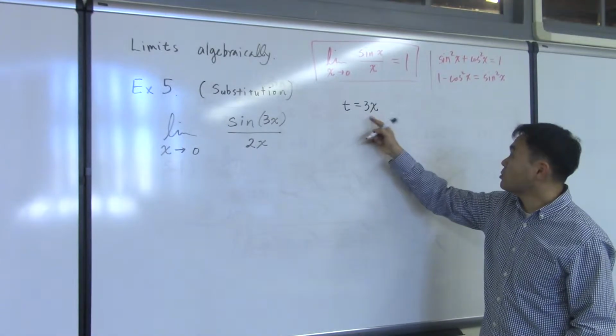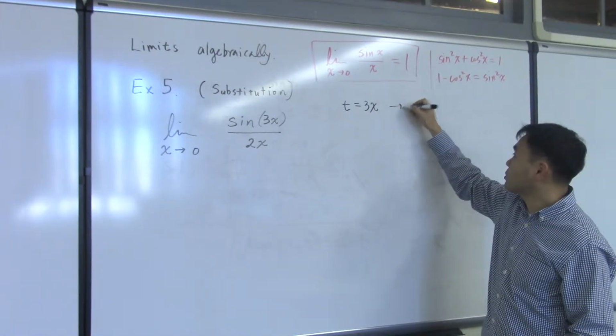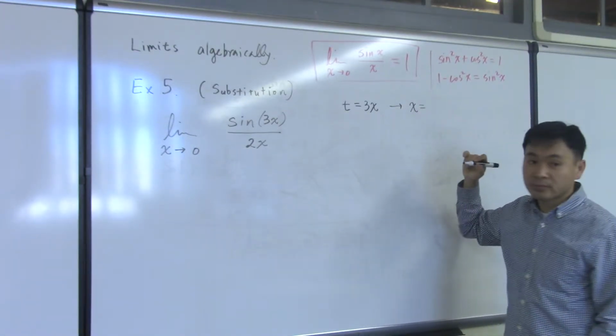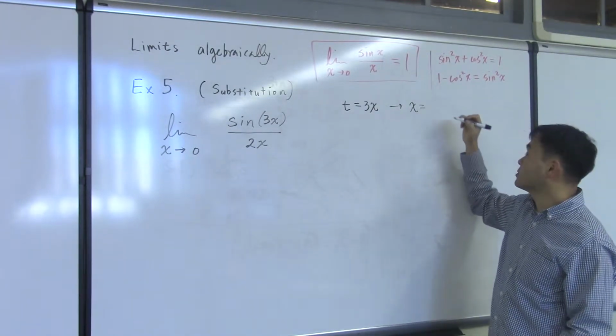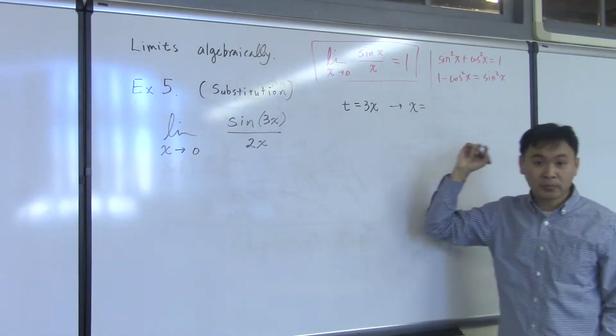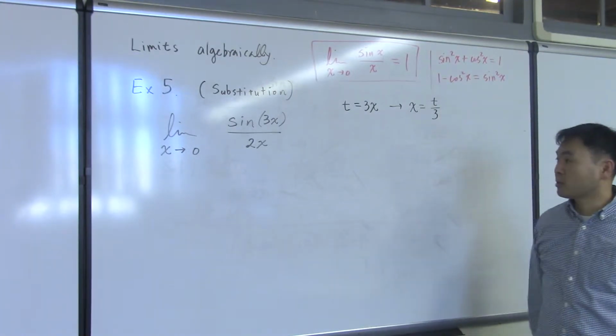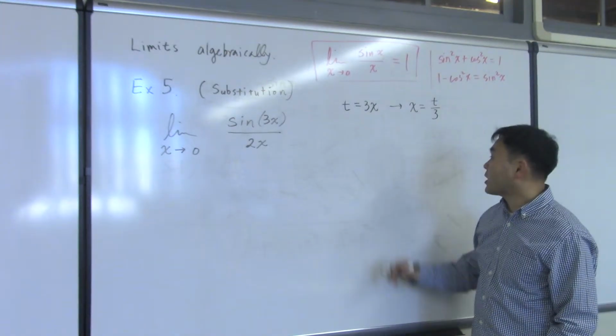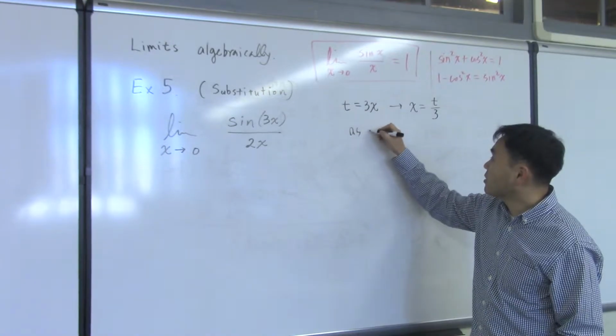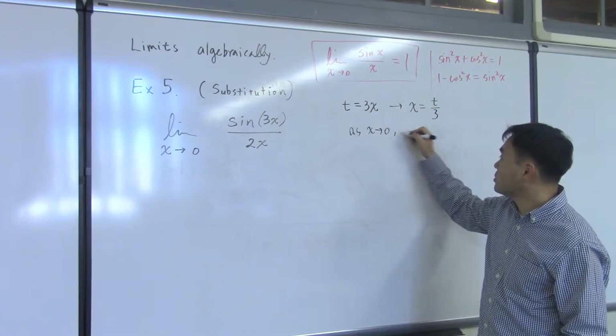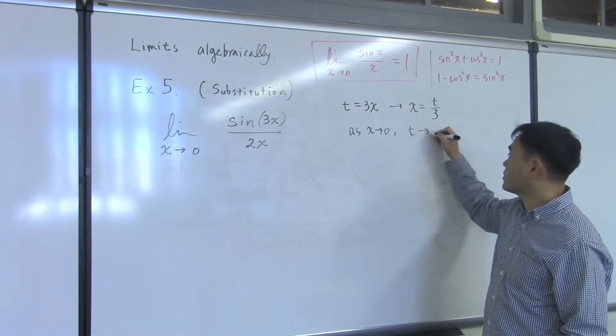If t is equal to 3x, then what is x equal to? Can you solve this for x? It's t over 3. And another fact is that as x goes to 0, t goes to where?